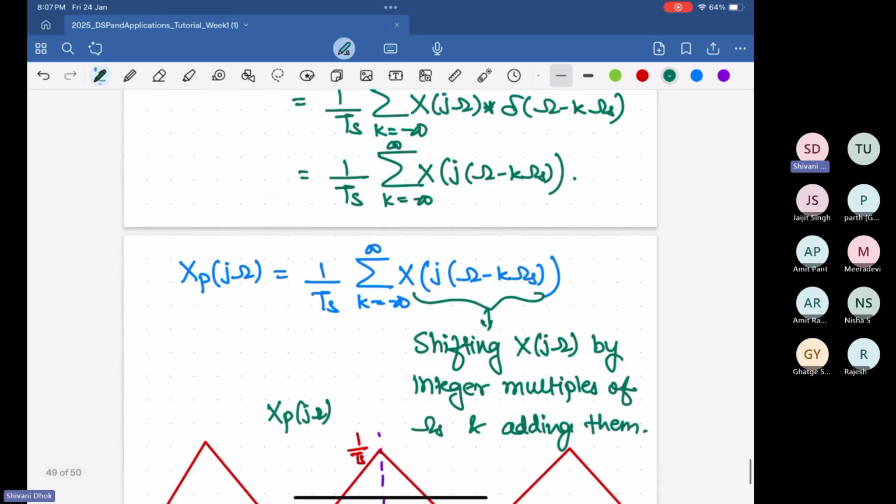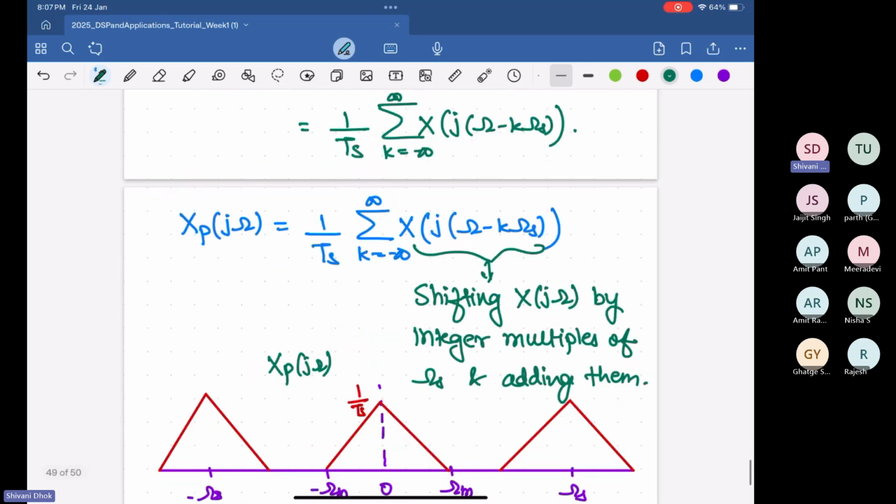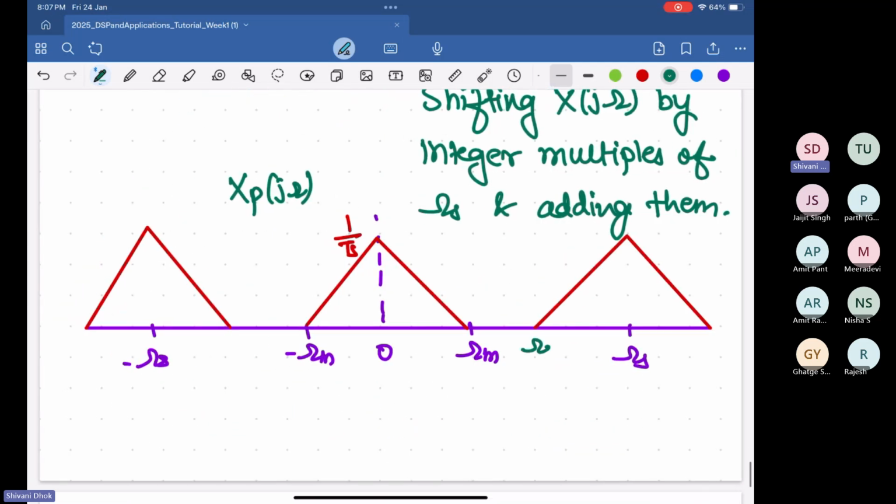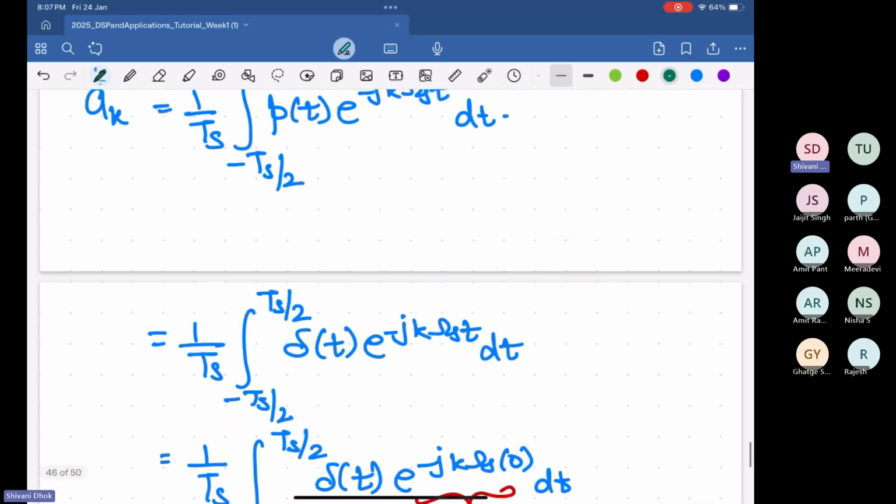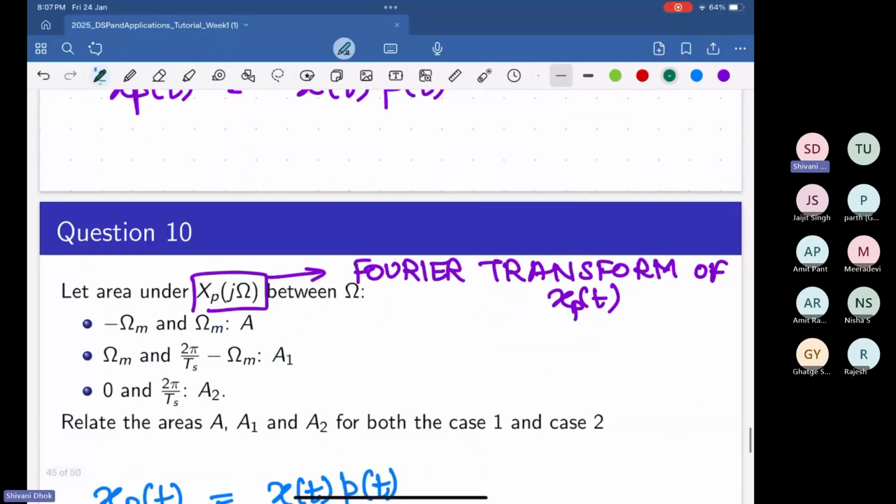Now let us look at what is being asked. This is the case when omega s minus omega m is greater than omega m. It might happen that it overlaps, so that is another thing. For now, let us look at the three areas that were asked of us.